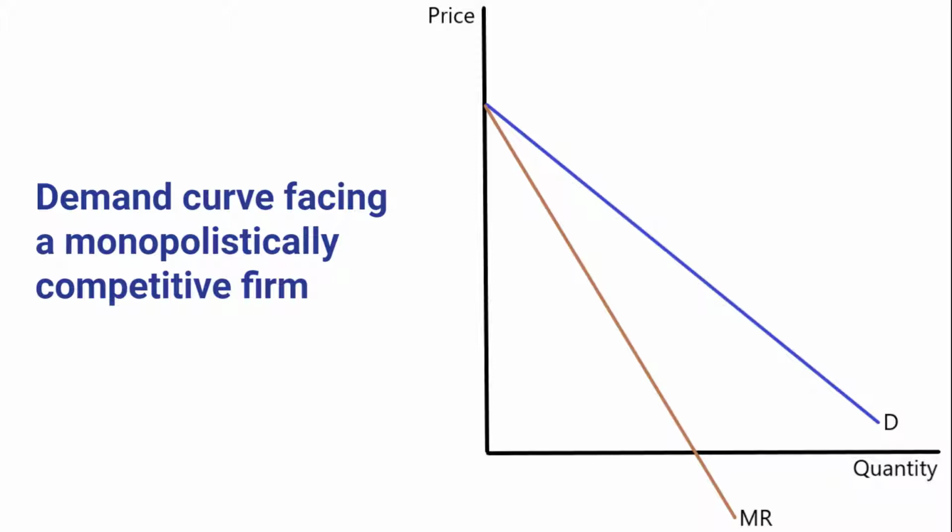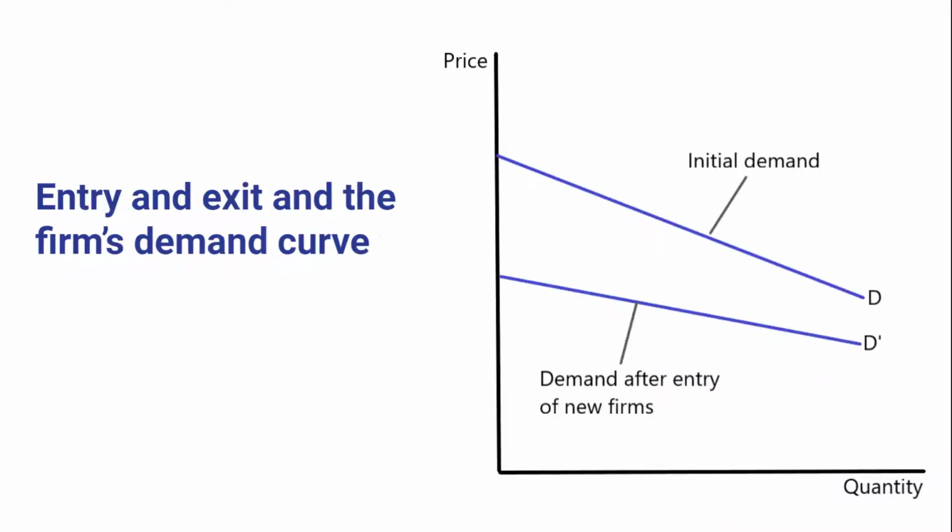Where things are different, though, is what happens as firms enter the market. Suppose that the initial demand curve is a demand curve D, and suppose that a typical firm is receiving positive economic profits. What will happen in that case is, because there are no barriers to entry, new firms will enter the market, and the demand for each firm's output will shift to the left.